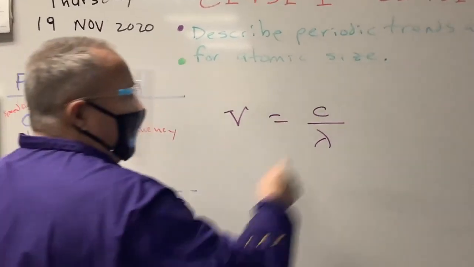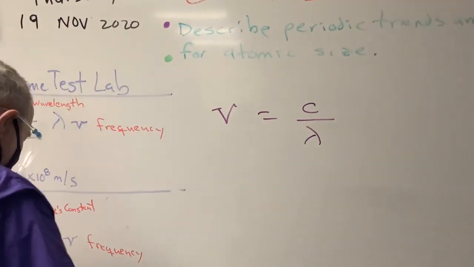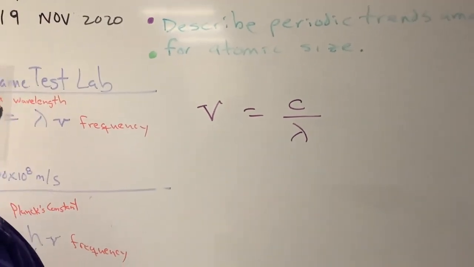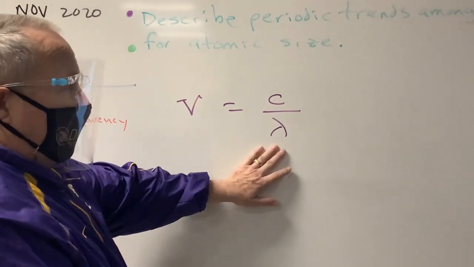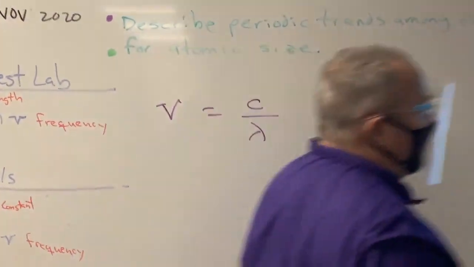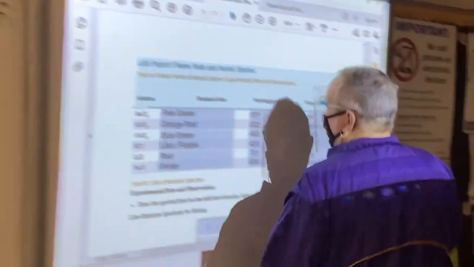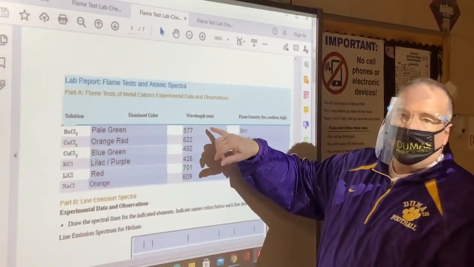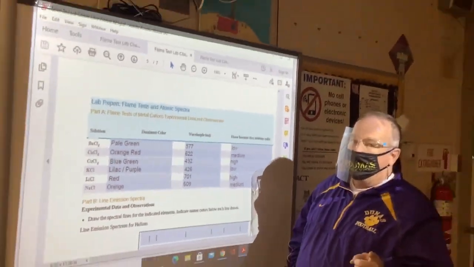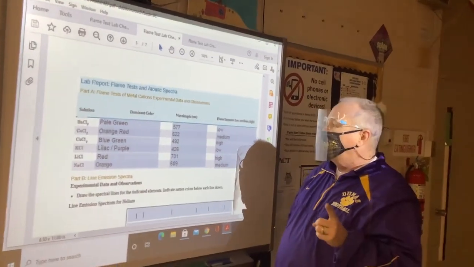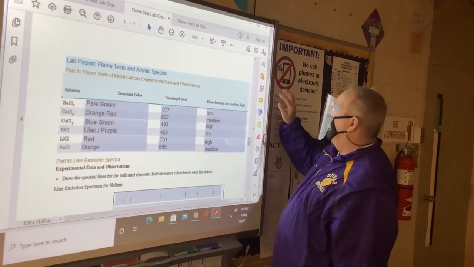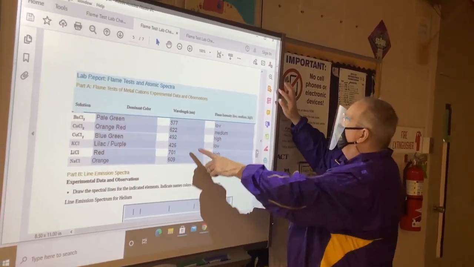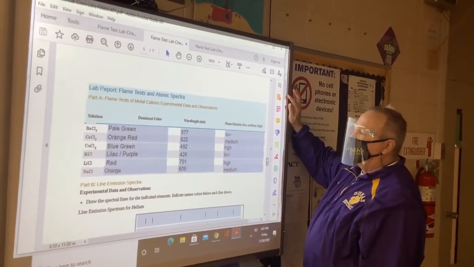And this is a constant, 3 times 10 to the 8th meters per second. And we'll get our wavelength. The only problem is the wavelength given in that table is in nanometers. There's 10 to the 9th nanometers in a meter, okay? So we're going to have to do some calculations to get that.